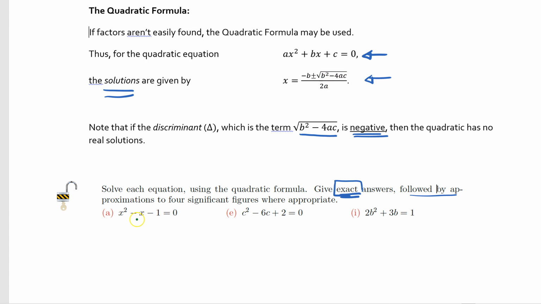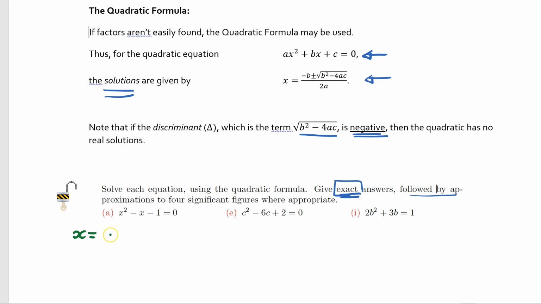So b squared, which is -1 squared, which is +1, minus 4 times 1 times -1, that's going to give me a positive. That's all I really need to know. So therefore this does have solutions.